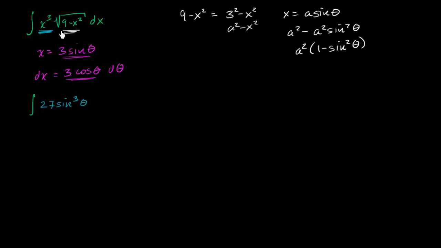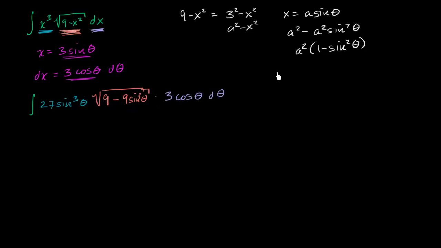And then the square root of 9 minus x squared, so minus 9 sine squared theta. And then dx is going to be equal to 3 cosine theta d theta.